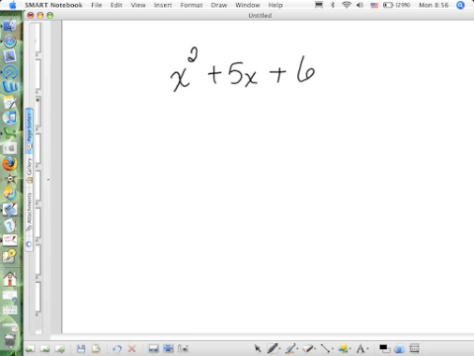Here, it's a trinomial. First, look for a greatest common factor. Is there one? No. Okay? So let's go through our method. We find factors of x squared, factors of 6.